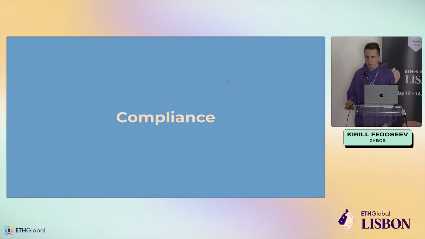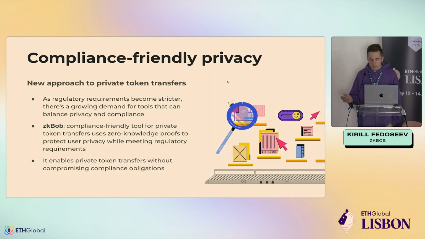Yeah, and the third important point I want to talk about is compliance. So basically, compliance-friendly privacy is what we call it at zkBob. We believe that the only possible way for future and existing privacy solutions to evolve in the current crypto space and compliance regulation is to find this balance, the right balance and compromise, between the level of privacy you get by using zkBob or a similar privacy application and the level of compliance and regulatory requirements you might want to fulfill.